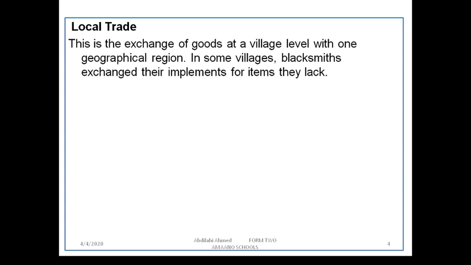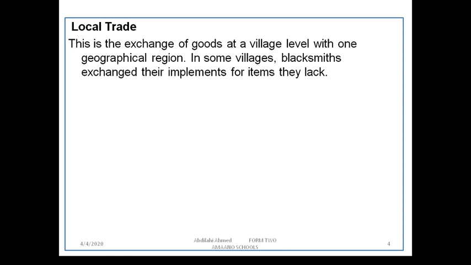When we are talking about ancient times, in the villages, there were some people who were experts in the manufacture of metal. They knew how to shape the metals into different items that humans needed. These people were called blacksmiths.